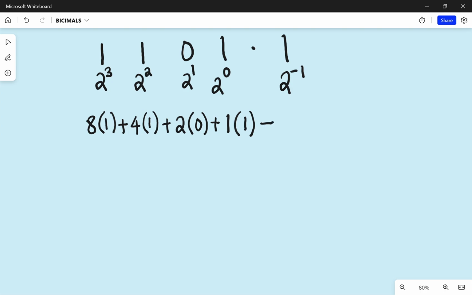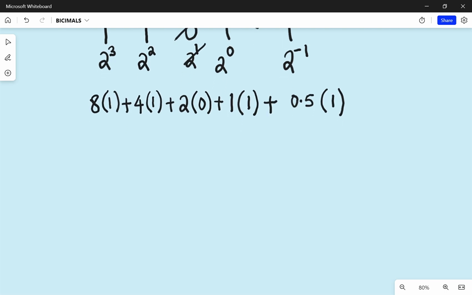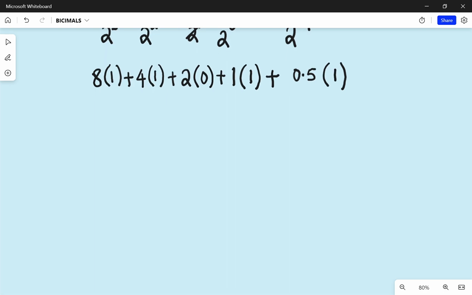So I'll simply say plus 2 power -1, which is the same as 0.5, multiplied by a 1 there. The one which has got a 0 is none of my business. So this is going to give me 8 plus 4 plus 0 plus 1 plus 0.5.